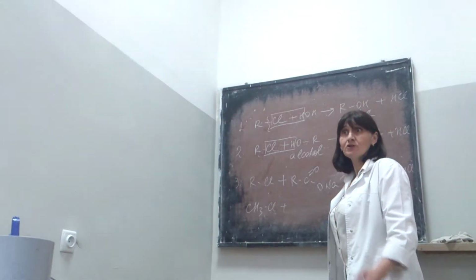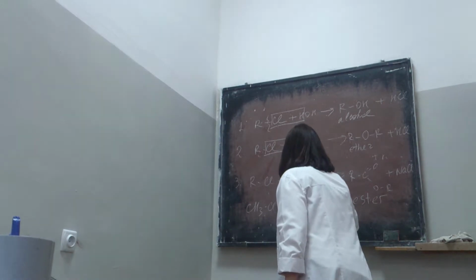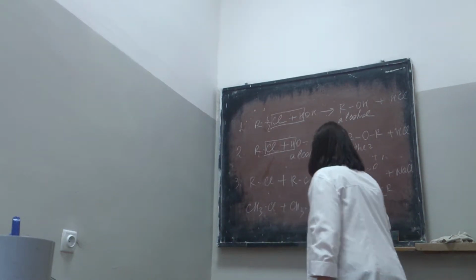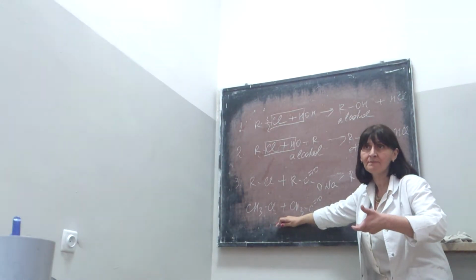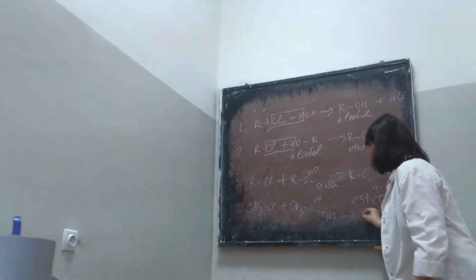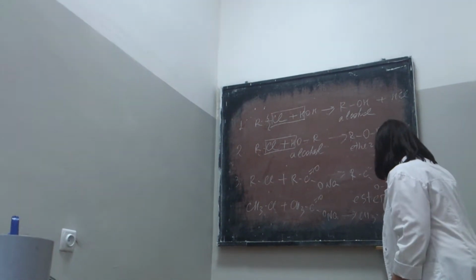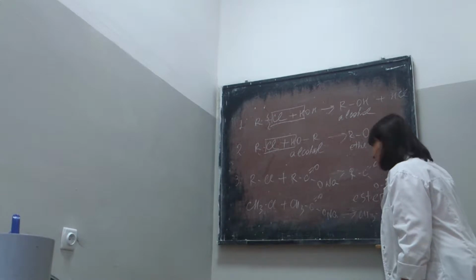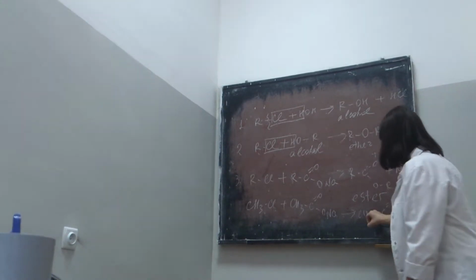Sodium acetate is CH3COONa. This is for particular compounds, and the previous is a general reaction. So here you get CH3COOCH3 plus NaCl.